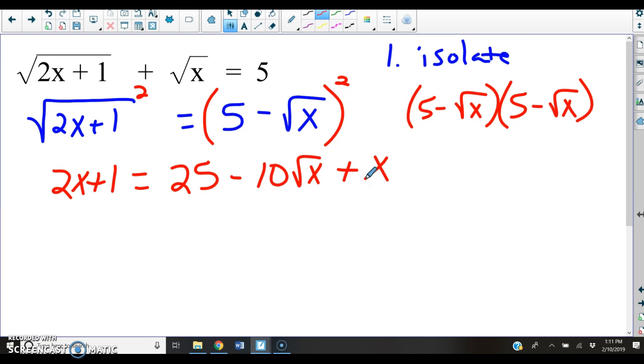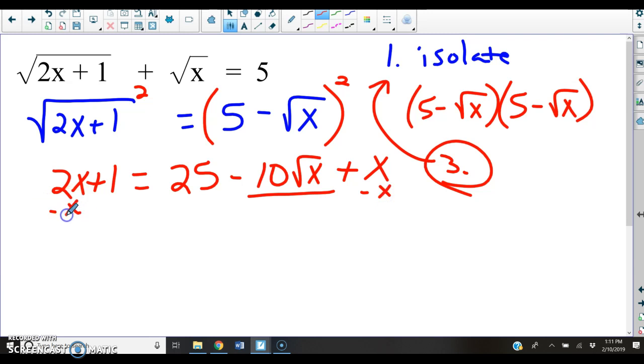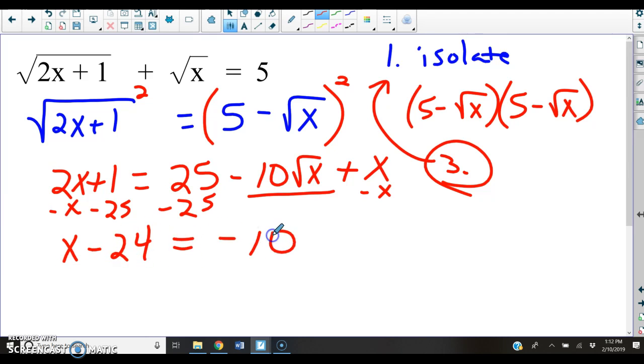And remember, step 3 was repeat steps 1 and 2 if necessary. Well, here we've got another square root. To isolate again, we're going to move the x, and we're going to move that 25. So we're going to have x minus 24 equals negative 10 square roots of x. Ready?